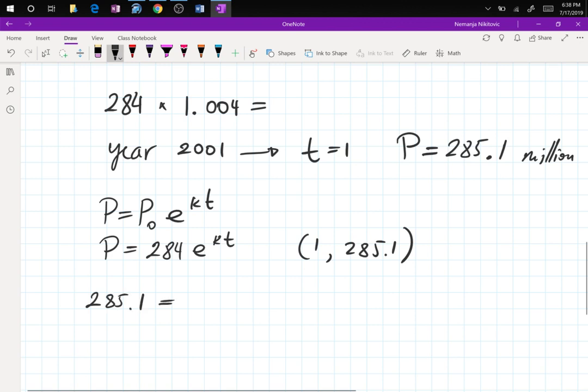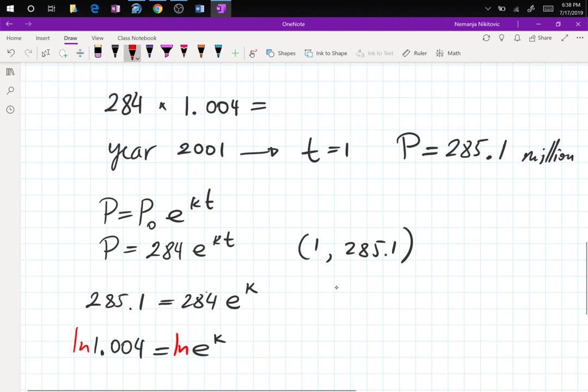285.1 equals 284 e to the, now t is equal to 1, so it's just e to the k. So now when you divide 285 by 284, you're going to get that 1.004 equals e to the k.